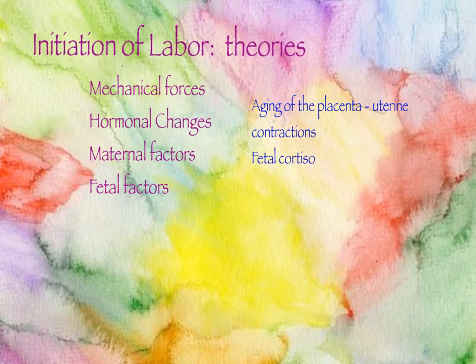Now because the baby has been spoiled with lots and lots of good nourishment through this placenta, now it's starting to age and the fetus has a little bit of stress. So what does the stress response involve? You have fetal cortisol release, and cortisol is implicated in the initiation of labor.